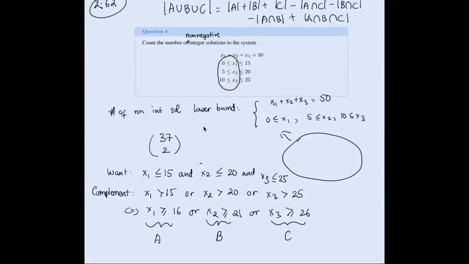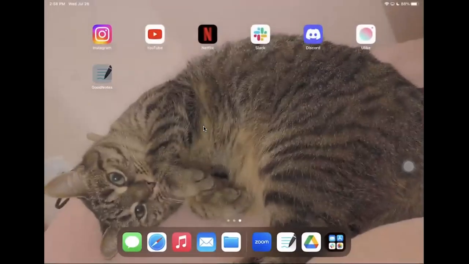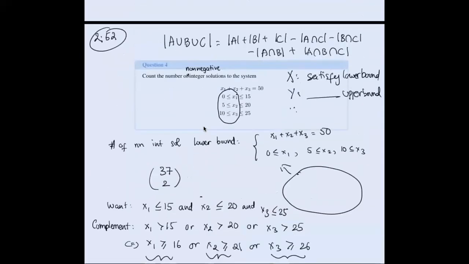So you can think of X as satisfying the lower bound, and Y as satisfying the upper bound. I want both X and Y. And this one is just the cardinality of Y subtract the cardinality of X complement intersect with Y. So that's what we're gonna do.